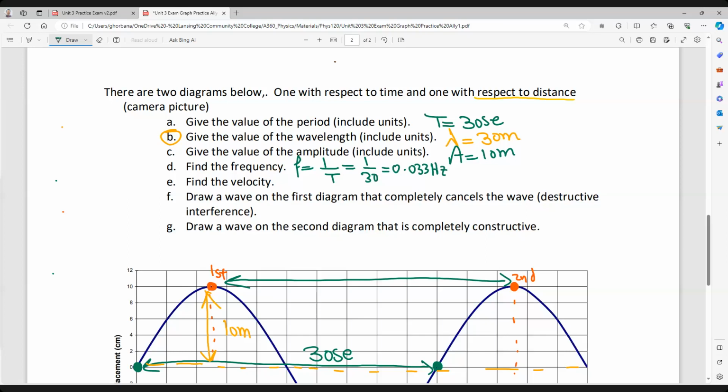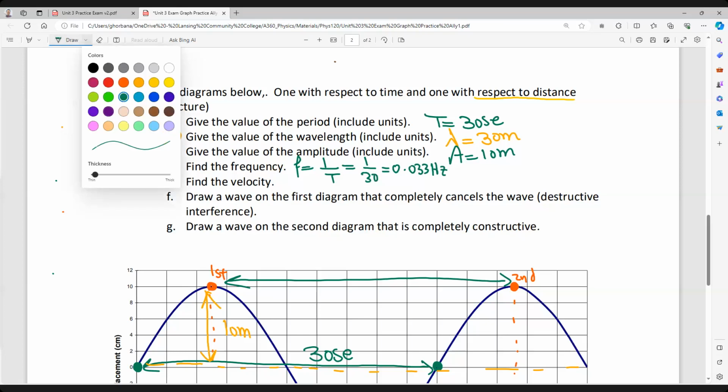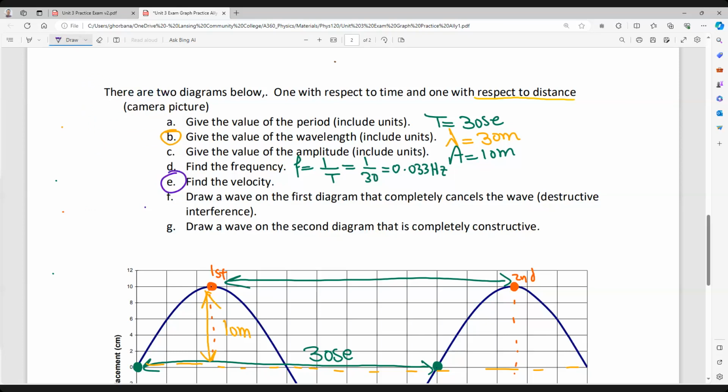Next part is asking me to calculate the velocity. What is the formula of the velocity? Frequency multiplied by lambda. Do I have the frequency? Yes. I can use this decimal number or just 1 over 30, it doesn't matter. 1 over 30 hertz multiplied by lambda.